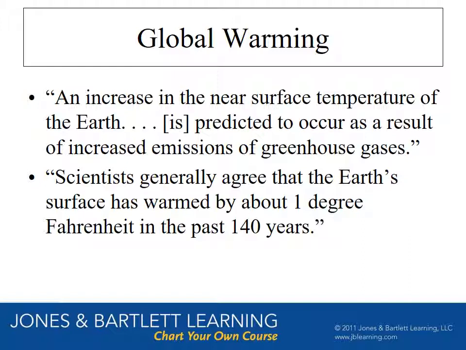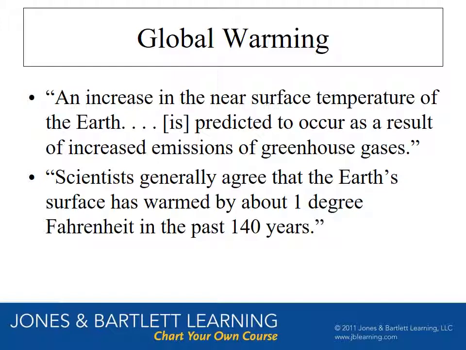Global warming is the phenomenon that used to be the only way that we talked about climate change. It's defined as an increase in the near surface temperature of the Earth. And we believe it's resulting because of increased emissions of greenhouse gases. Greenhouse gases allow the Earth to keep heat in and don't allow it to escape the Earth's atmosphere.